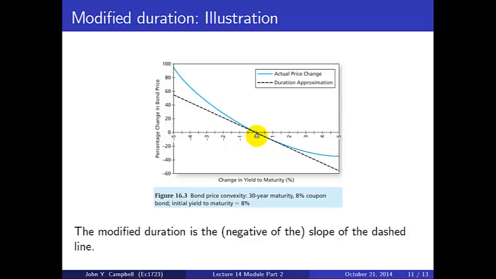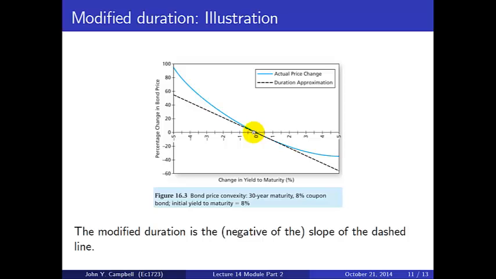Now notice, of course, that the exact relationship is nonlinear. Why is that? Well, as a bond's yield declines, duration is going to increase. All right, why? Because first of all, we're dividing by a smaller number, 1 plus y, when we calculate modified duration, and also there'll be the effect on Macaulay's duration for a coupon bond.